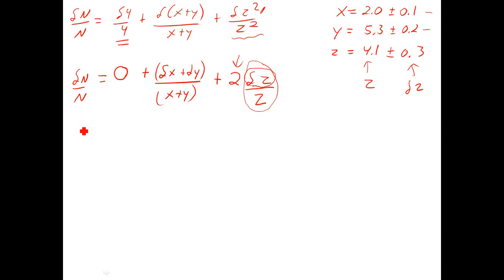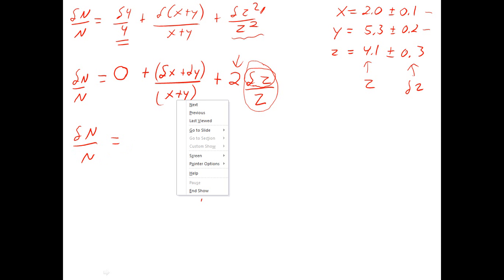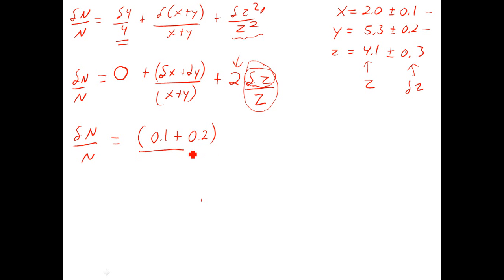We can say, okay, the uncertainty in n over n is equal to 0. We don't have to keep carrying that around. So the uncertainty in x is 0.1 plus the uncertainty in y is 0.2, all divided by x plus y.